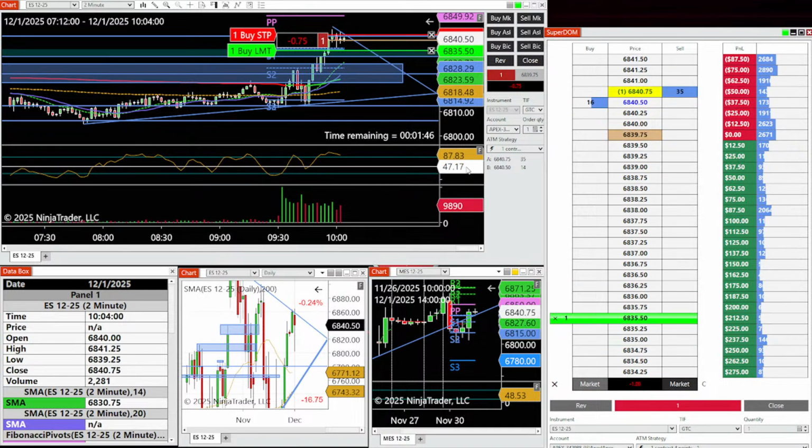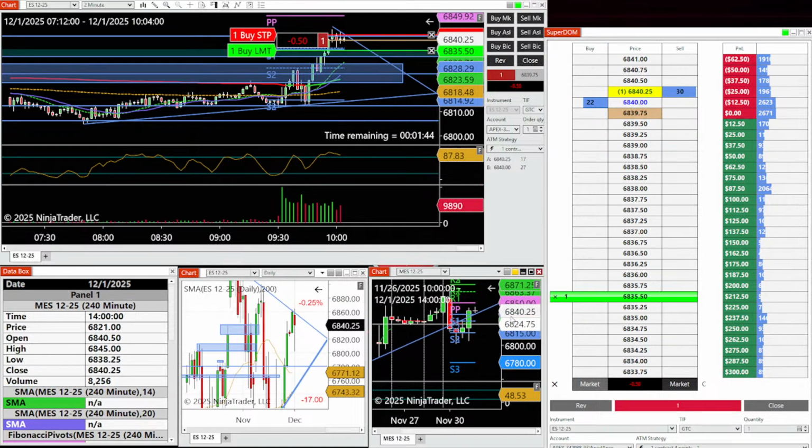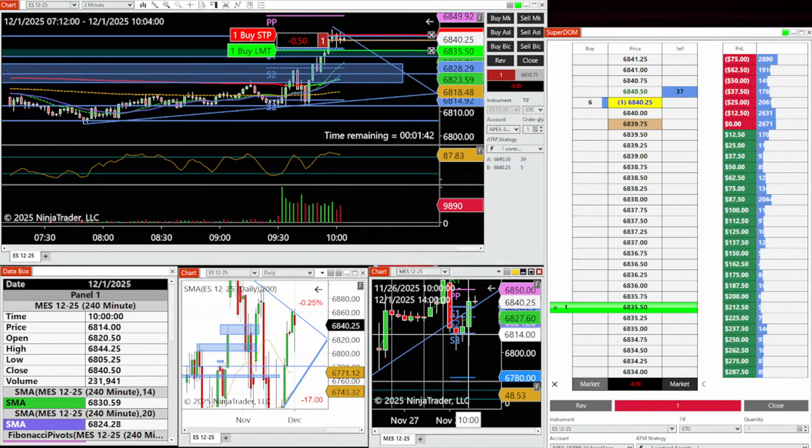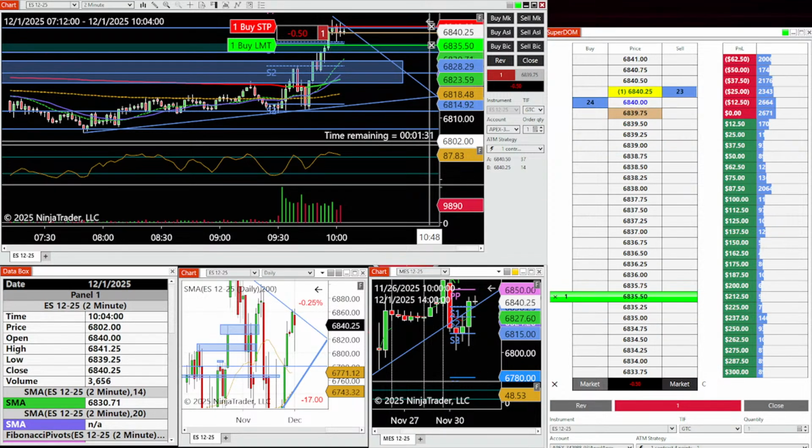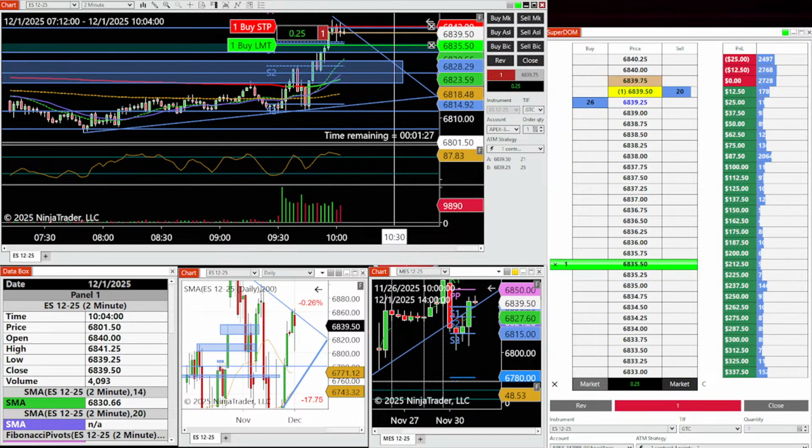Trying to catch it, but I don't think so. This close is 40, just still on the wrong side right now. Trying to catch it a little early, and it may not even go down. Let's see.